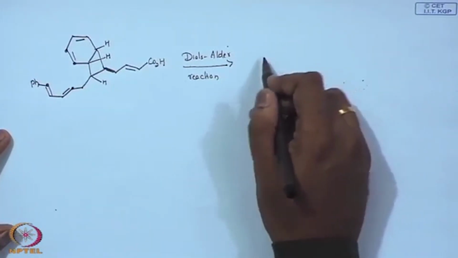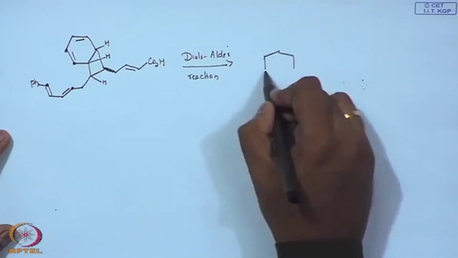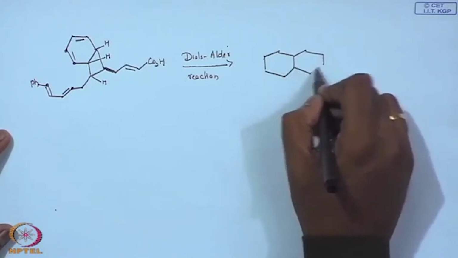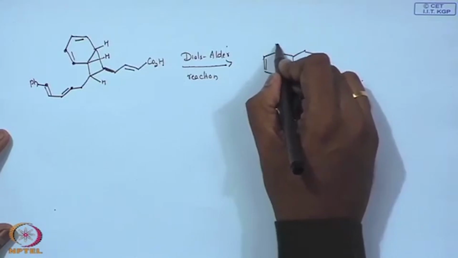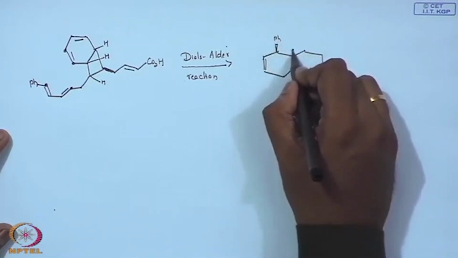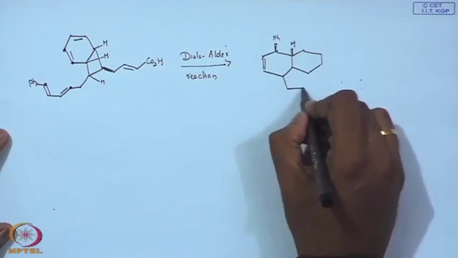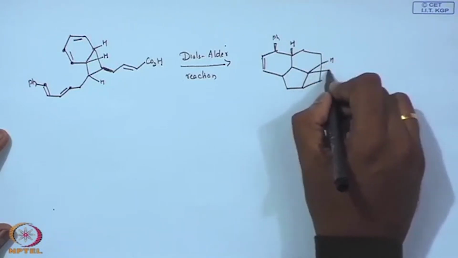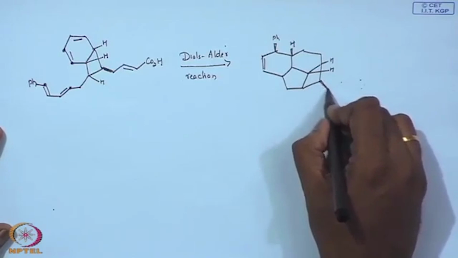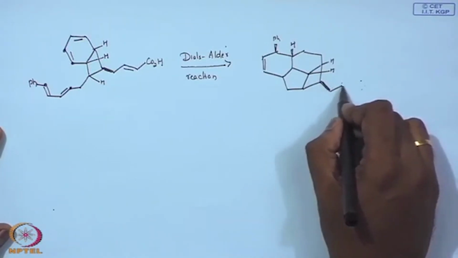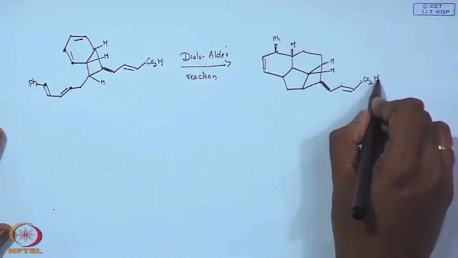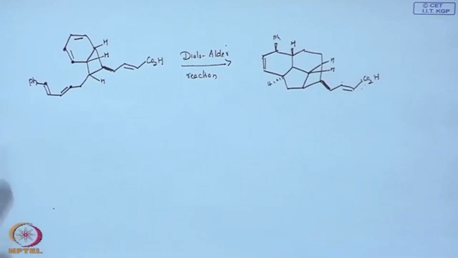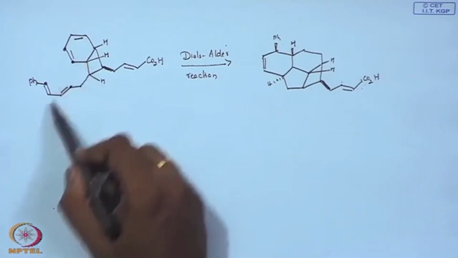So, write the product. It will be similar to endiandric acid, but the stereochemistry will be a little bit different. So, you have phenyl, you have your hydrogen, hydrogen here, you have your carboxylic acid outside, and then you have this one, hydrogen, you have double bond. Yes, clear?